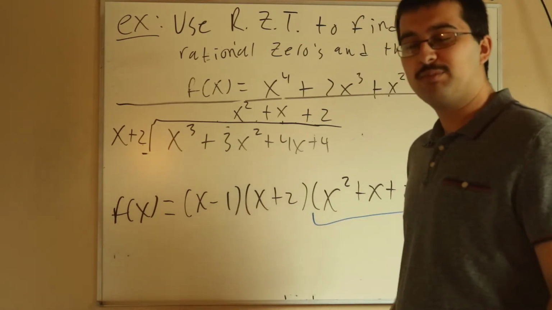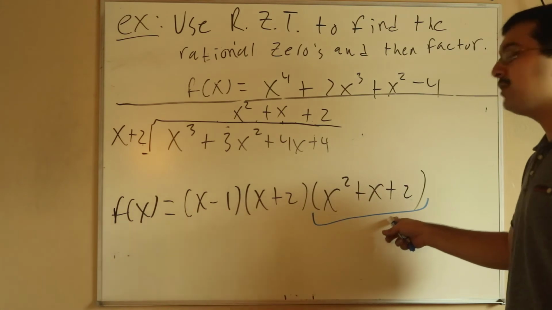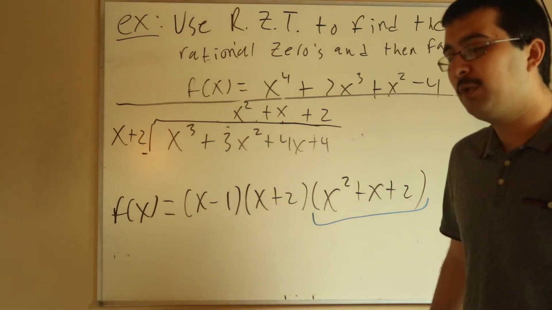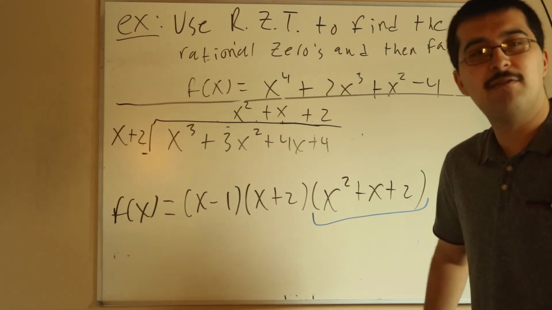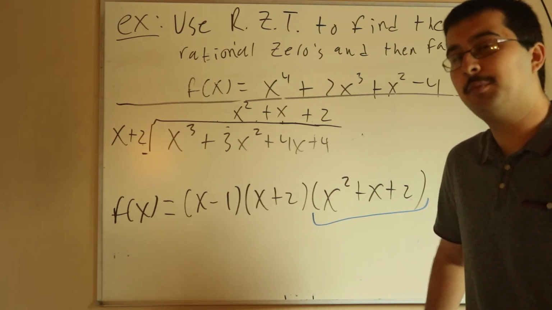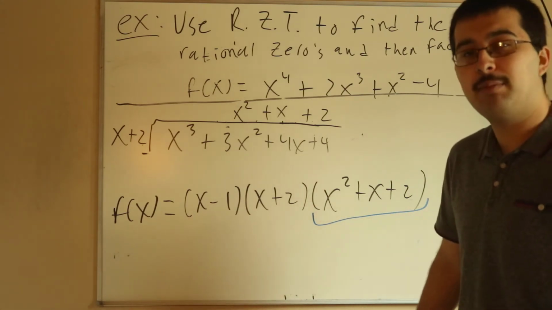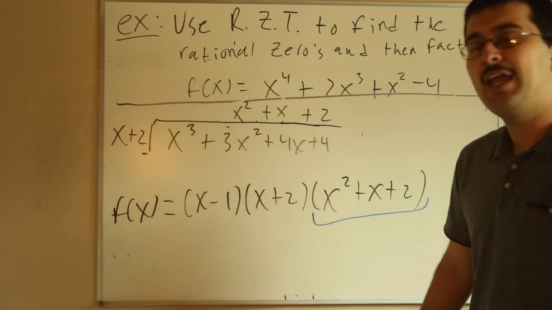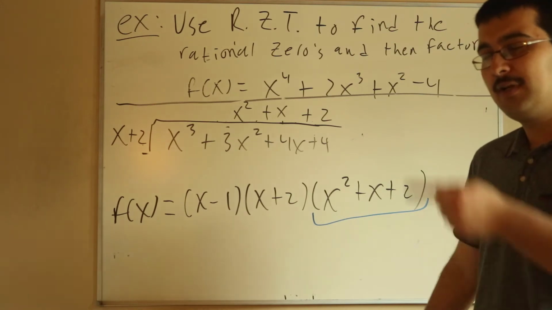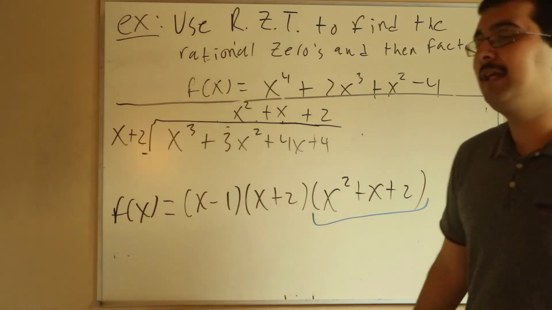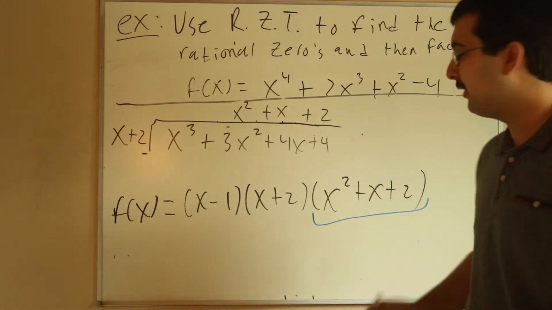Linear terms being multiplied. This right here is a quadratic, however. So it doesn't really fit with our standard way of viewing a function that's factored completely. Ideally, we would like to split this quadratic up even further. However, we can't. This is actually this function factored completely. This quadratic can't be further factored, right?